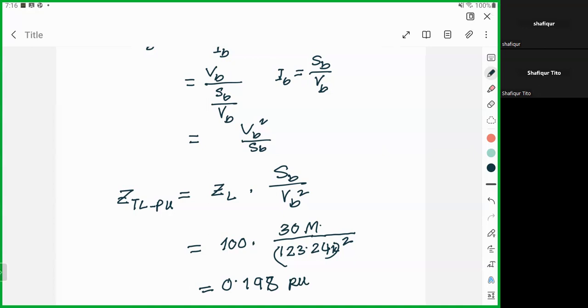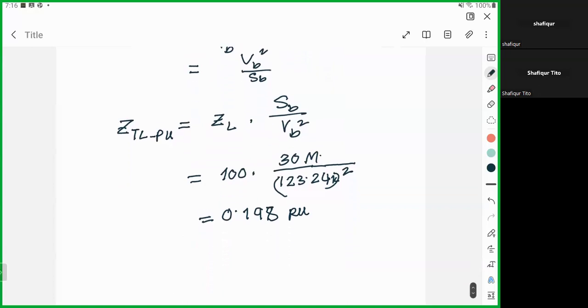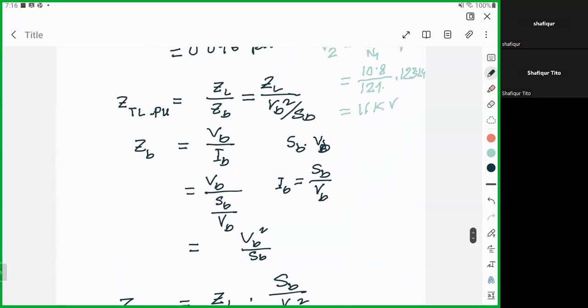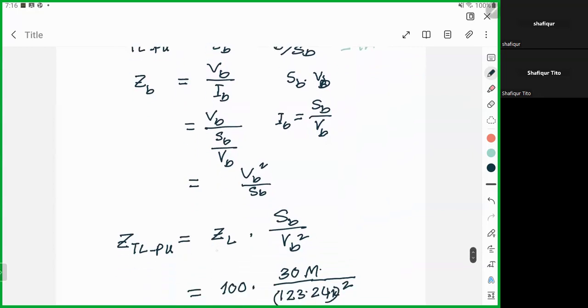Okay, the last one is the motor that we need to do the calculation for. Motor is the transformation, so I think this one is clear. So we have found the base value; the impedance is given for the transmission line.